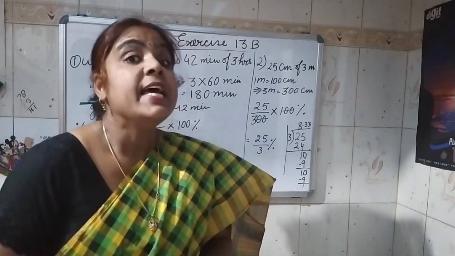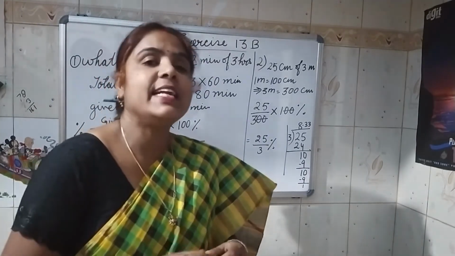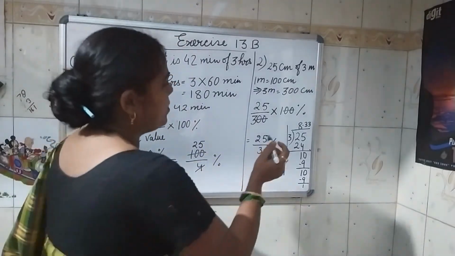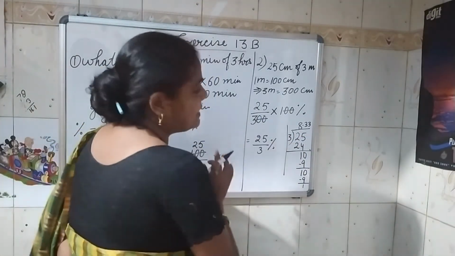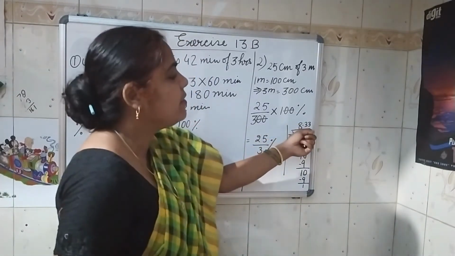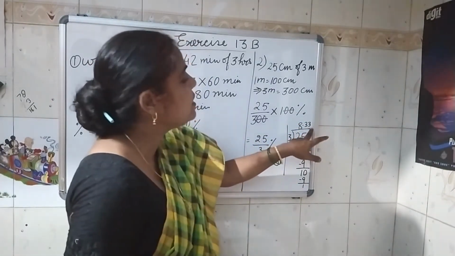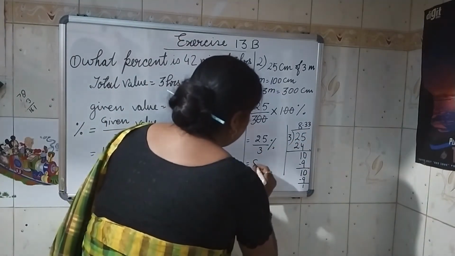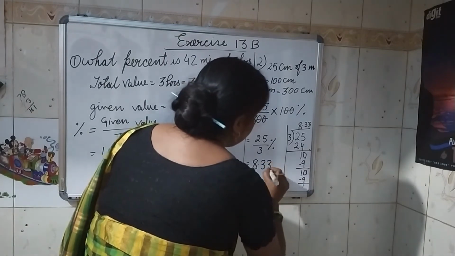This is called a recurring decimal, which you will study in class 6. It is not in your portion. Only one thing you have to understand: if this type of fraction comes, either leave it in fractional form, or if you convert it into decimal, take it till 2 places of decimal. So the answer is 8.33%.